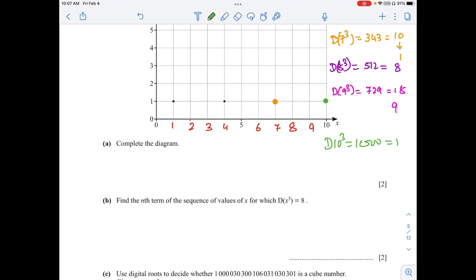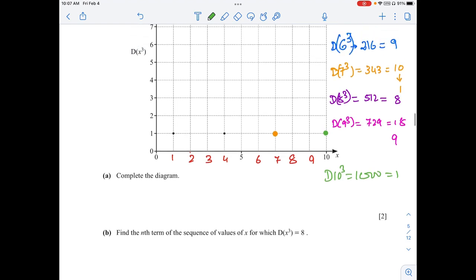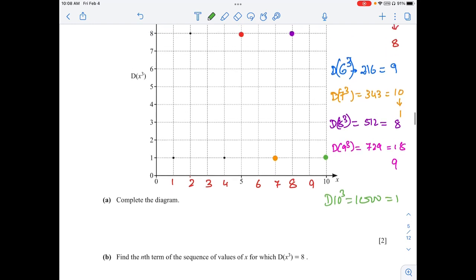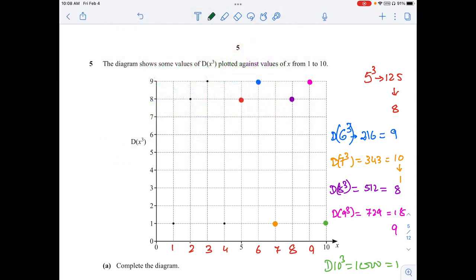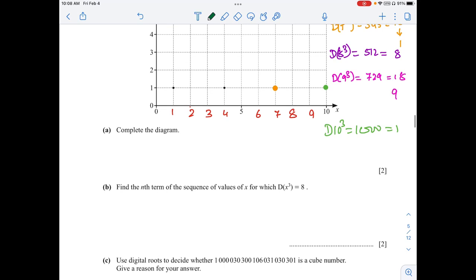Find the nth term of the sequence of x for which digital root of x cube is 8. The x cube has digital root 8. So we can see where x cube is 8: for 2, for 5, and for 8. The digital root is 8 for 2, 5, and 8.